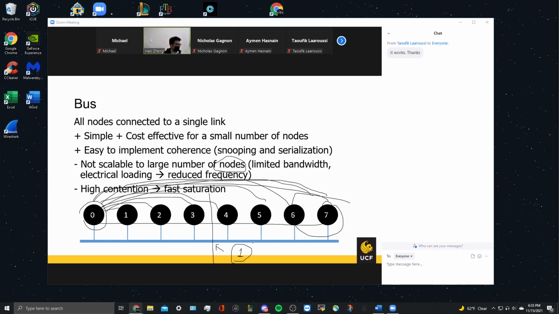Also for scalability, the diameter will increase linearly. For this one it is 8. If you add one more node here, it's 9. So it's not a scalable way if you have lots of nodes here. The communication between the nodes will be very poor.